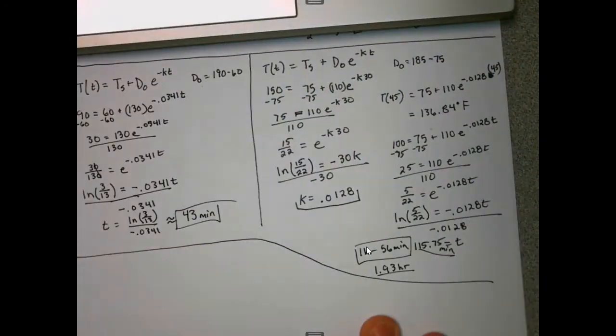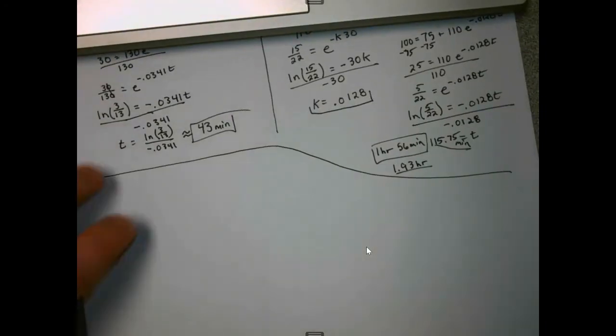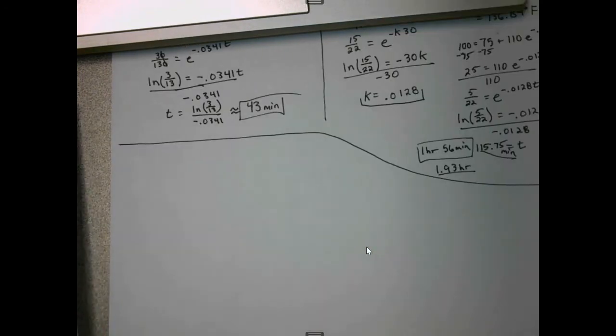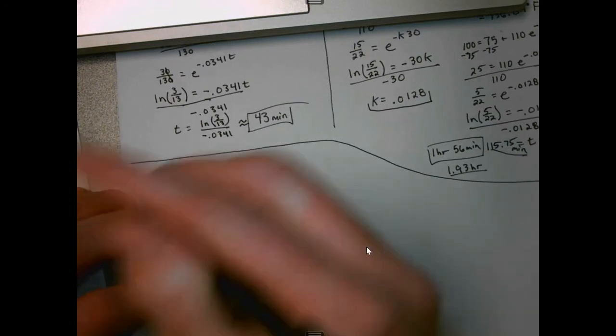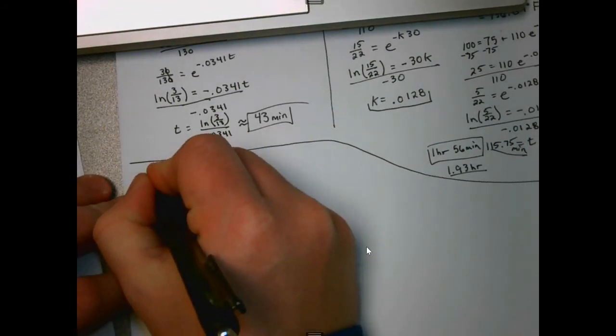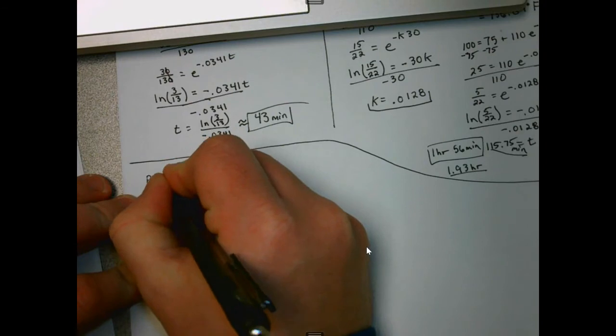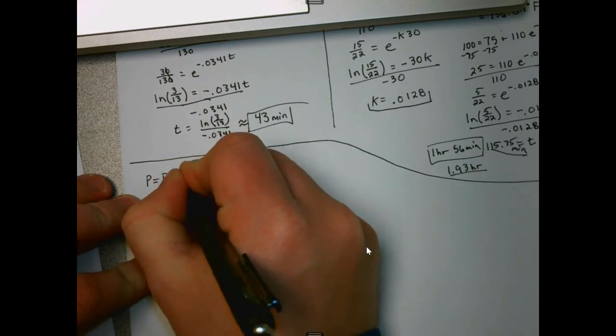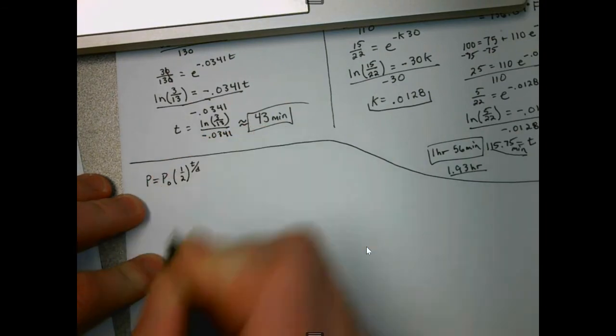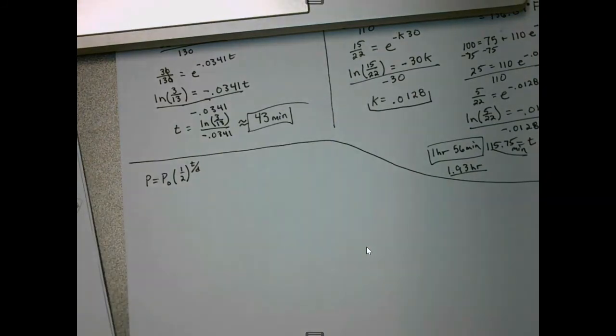Okay, so half-life formula. There's actually 2 of them that you can use. And one of them looks like P naught times 1/2 to the T over D. And D is the half-life time. P naught is your initial population.